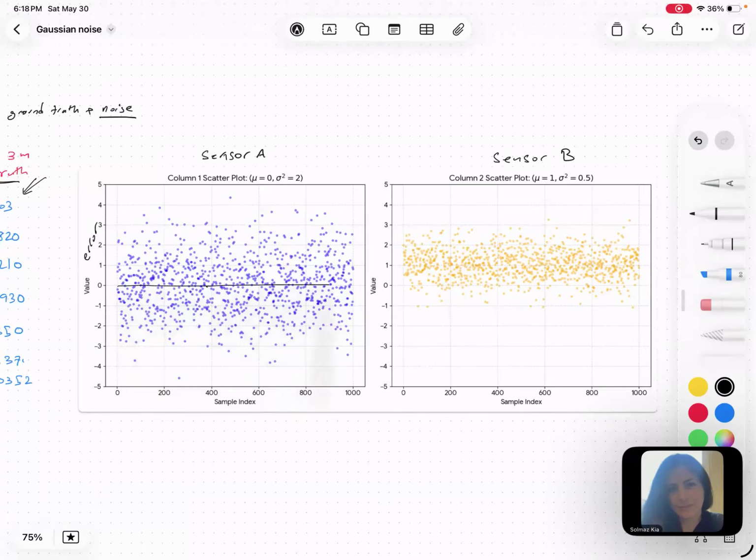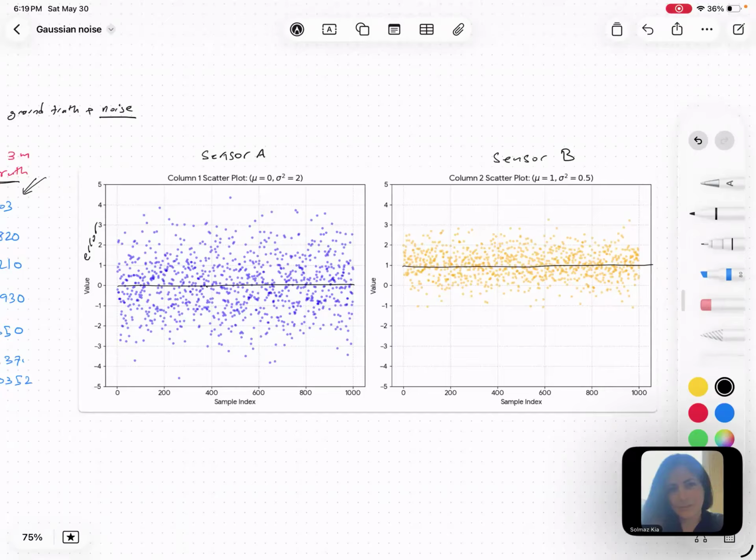In the case of sensor A, the average value seems to be 0, just visually looking at it. And I can see that the error values are scattered around this average value of 0. In the case of sensor B, it looks like the average value is 1, and the errors are scattered plus or minus around this mean value of 1.